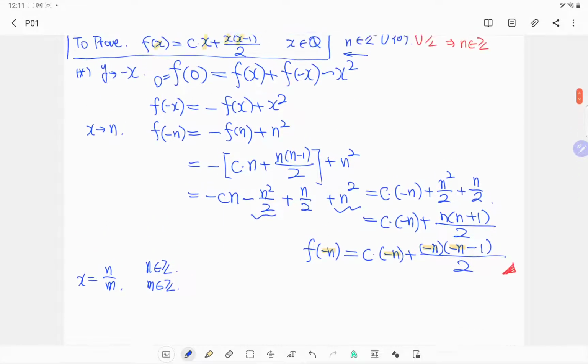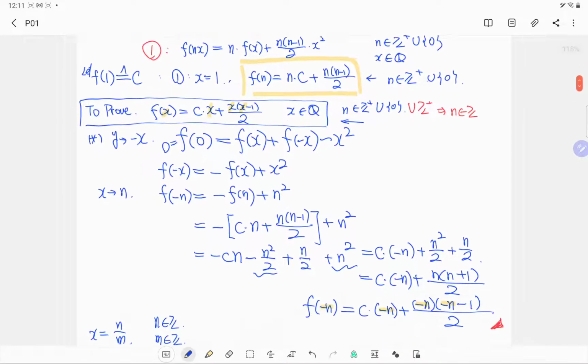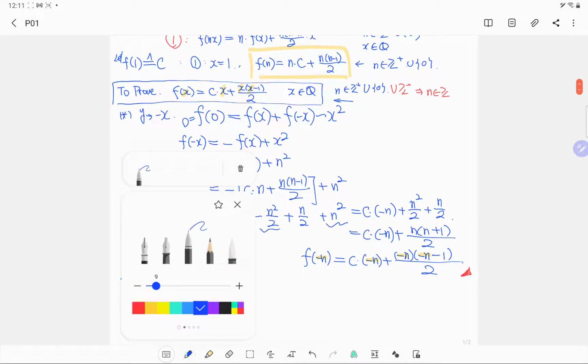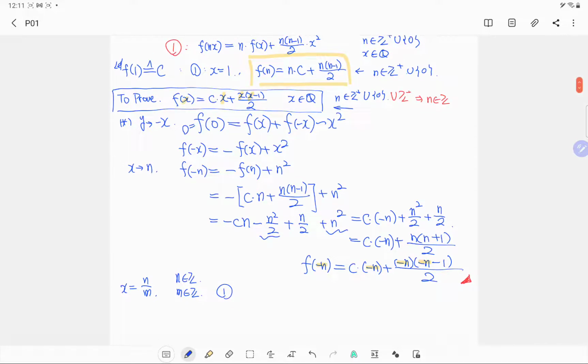So we can make use of equation 1 and then we can plug in. Okay, for equation 1 we can plug in, I can put here.